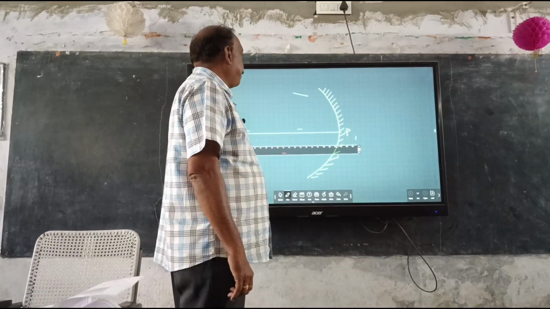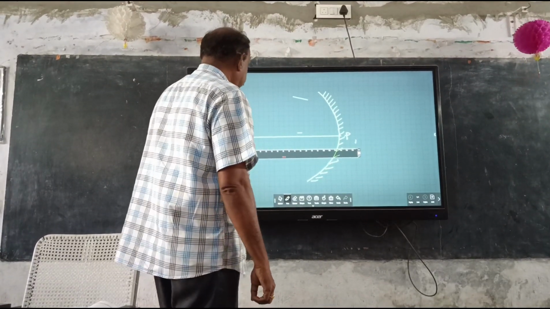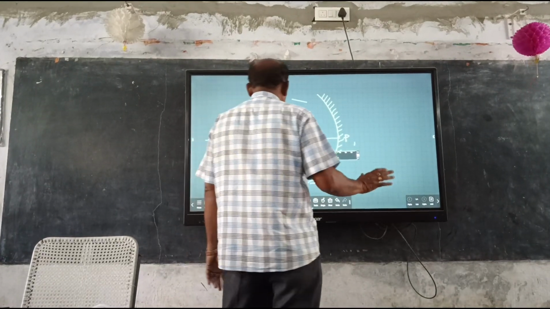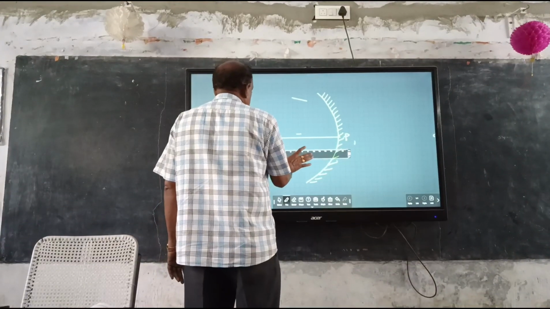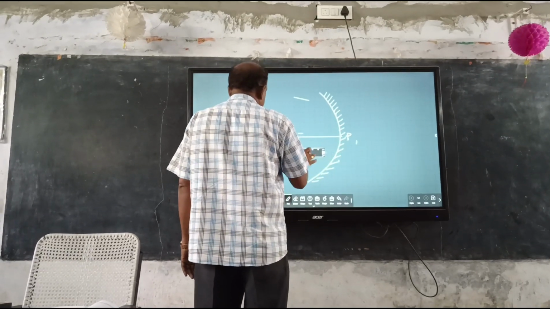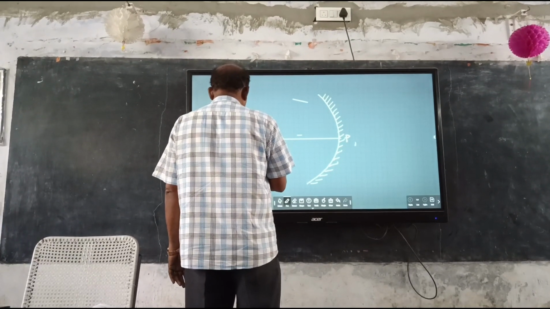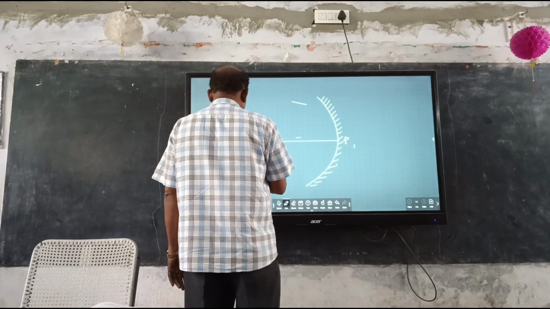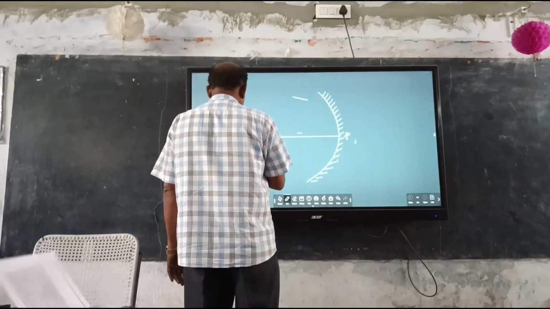Pole of the mirror. Now I will take two measures. So that is 40 centimeters.